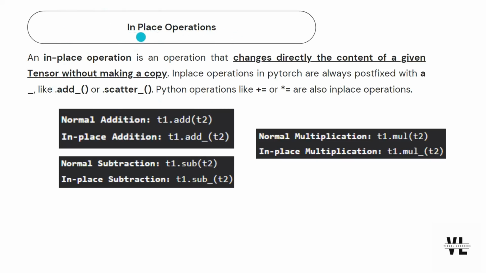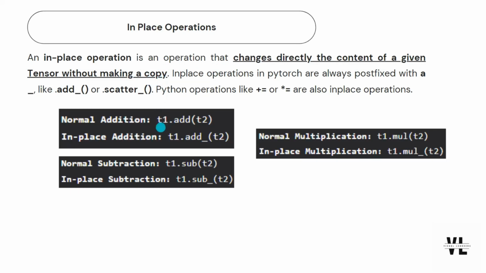Next are in-place operations. In-place operations are similar to the built-in methods, but the only difference is that they add an underscore besides the built-in methods. An in-place operation is an operation that changes directly the content of a given tensor without making a copy.